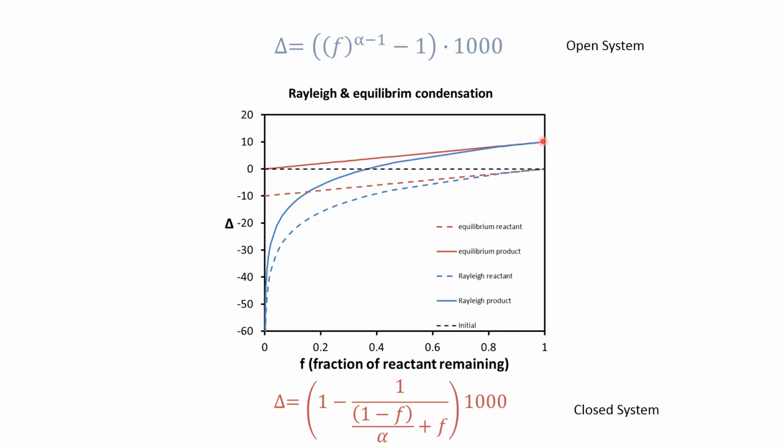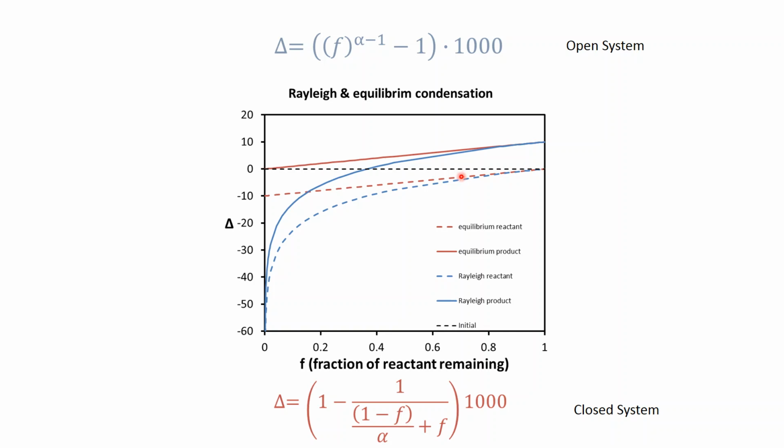And then if we remove that condensate from the system, if we didn't allow it to equilibrate back with the gas, if we basically allowed that to condense out of our imaginary box of water vapor, then we'd have removed from our system something that's isotopically heavy, which means what's left behind must get lighter in composition. So if you remove heavy isotopes, whatever you're left with is going to get lighter and lighter and lighter. And that's what happens as we progress along this fraction of what we started with remaining.